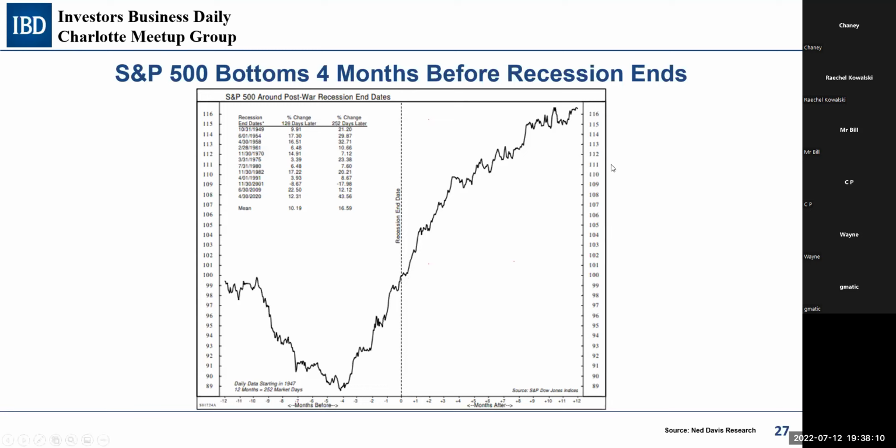If you think the economy can pivot by the beginning of next year, then you'd think it's bottoming relatively soon. So something to keep in mind: when the recession is in full swing, the market can still be bottoming for sure.